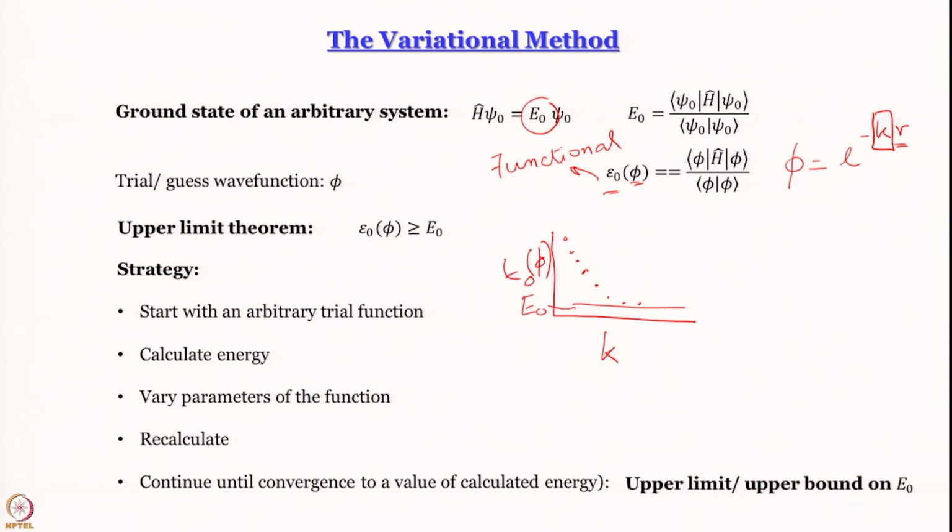Okay. Maybe I have achieved convergence. Then let us say I go to 107 and the value of epsilon 0 starts rising again. What does that mean? It means that the minimum value in epsilon 0 that I have got, that is the closest I can get to the actual value of energy E0 by this variation method.